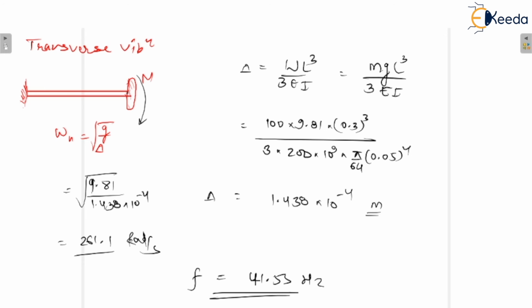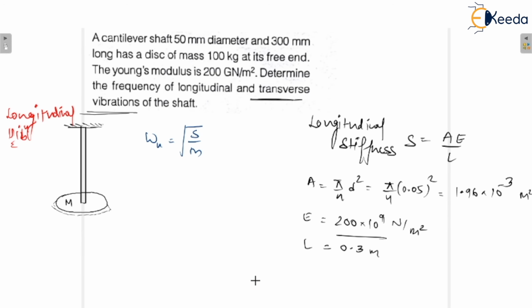Now you are able to understand how to solve the questions on transverse vibration and how to solve the questions on longitudinal vibrations. The basic difference between longitudinal and transverse: in the longitudinal vibration, you must know the longitudinal stiffness, that is equal to AE upon L. You just have to put values in this formula and you will get the value of the stiffness.